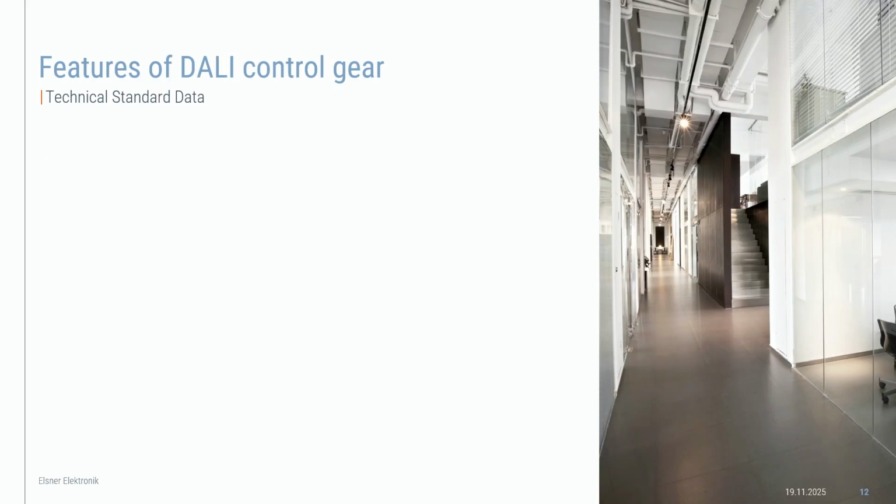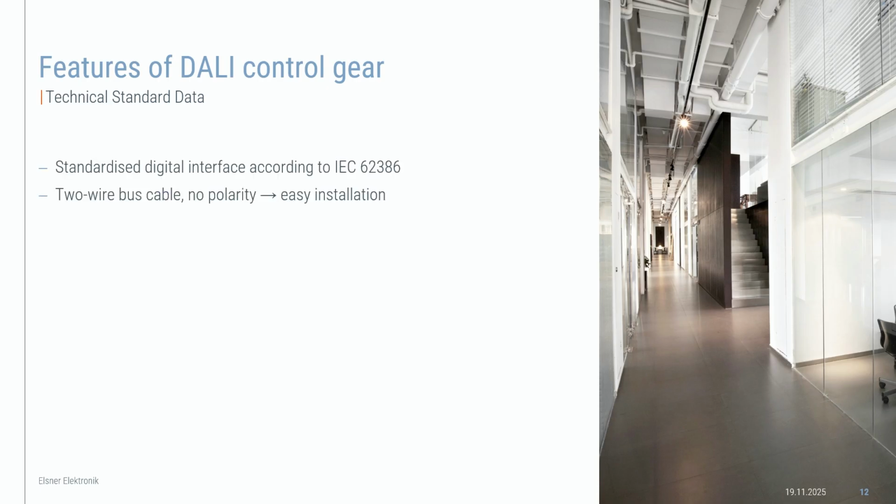Now, what is a DALI control gear? A DALI control gear is a ballast or an LED driver within the same IEC standard. It runs over a simple two-wire bus without polarity. As you mentioned, it's polarity independent, which makes the installation straightforward. And each device is fully addressable, so you can control it individually, in groups, or via broadcast.